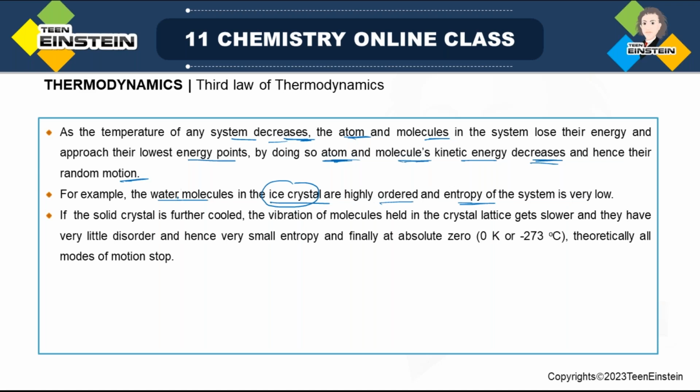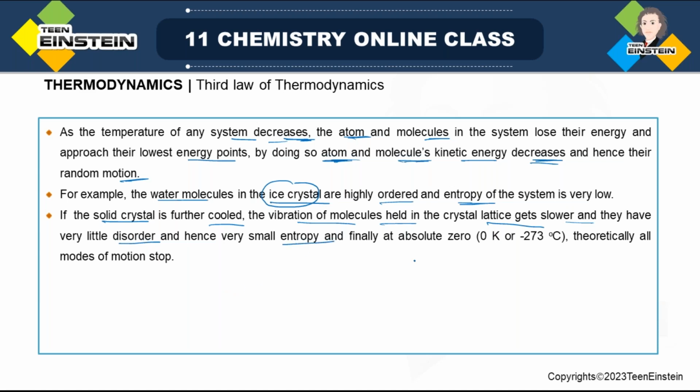Now suppose this ice crystal, or any solid crystal, is further cooled. What will happen? Even the slight vibration present in the water molecules held in the crystal lattice gets lower and they have very little disorder. And what will happen? Very small entropy.